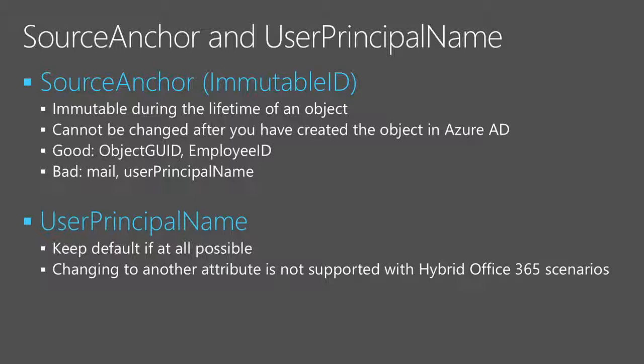User principal name is the login ID for the users in the cloud. By default, we want you to stick with the attribute userPrincipalName. There is a possibility, as you saw, to actually select another attribute, but in that case, you need to make sure to read the notes, because Office 365 hybrid deployments just will not work. Outlook will not behave as it should.